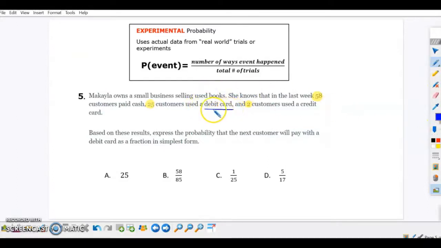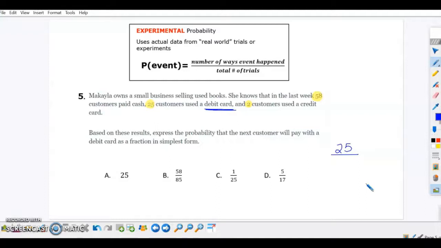So to find the probability, we find the number of ways that the event happened divided by the total number of trials. So what is the number of times that somebody paid with a debit card? 25 is the number of ways that they paid with a debit card.